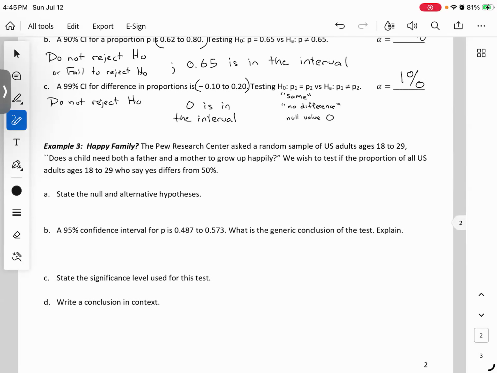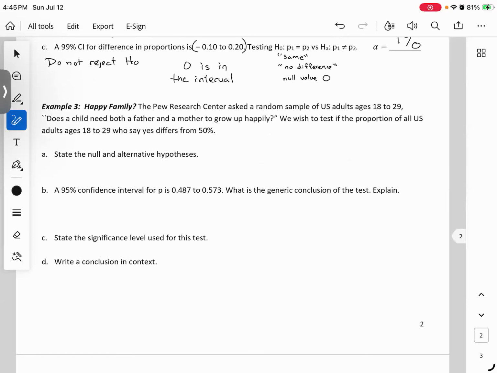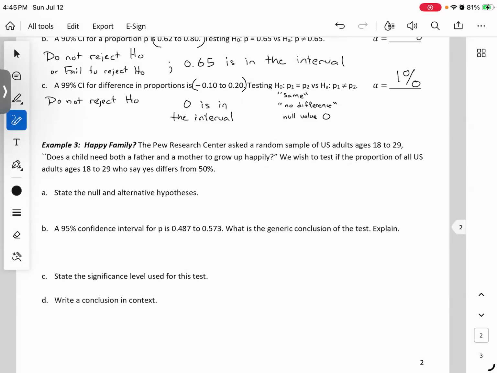Now, those are just to kind of get us warmed up. I want to go and do one of these. It's the same thing. It's a hypothesis test that rather than using a p-value at the end to not reject, we're going to use a confidence interval. Now, keep your eye on the null hypothesis as what it is that we're trying to reject. Go ahead and read the prompt.